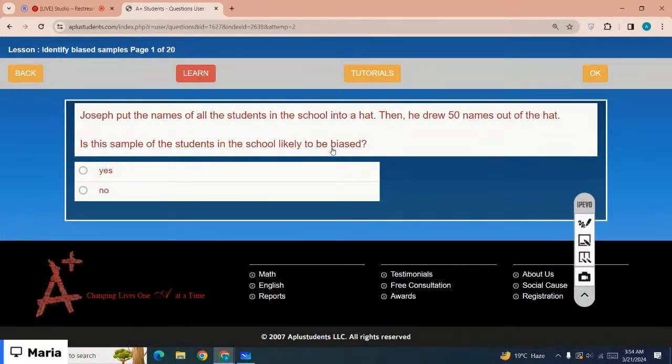Then he drew 50 names out of the hat. Is the sample of the students likely to be biased?